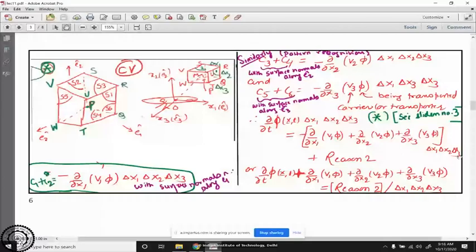You divide and you get rid of that, and finally reason 2 will have delta x1, delta x2, delta x3 in the denominator. I have done another small modification here. I have taken this right hand reason 1 divided by delta x1, delta x2, delta x3 to the left side, and I will present this equation in this manner. Okay.